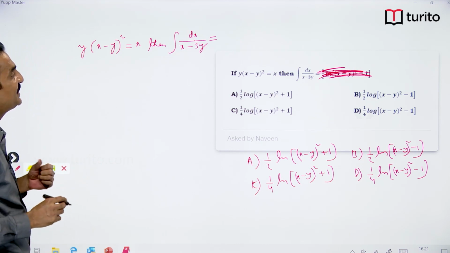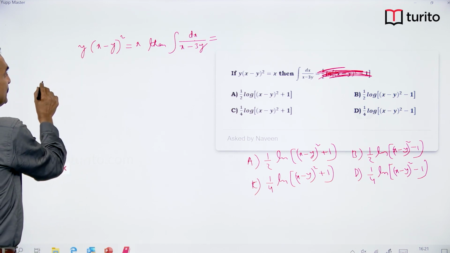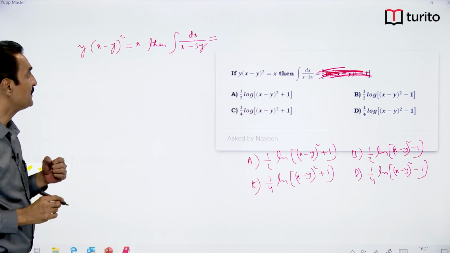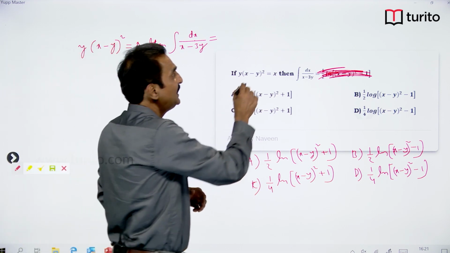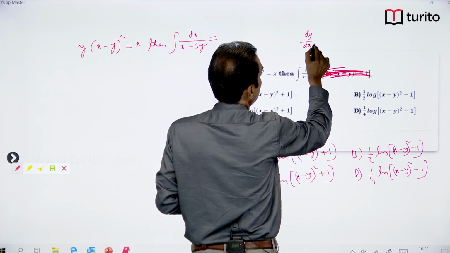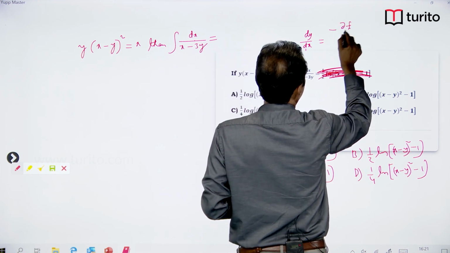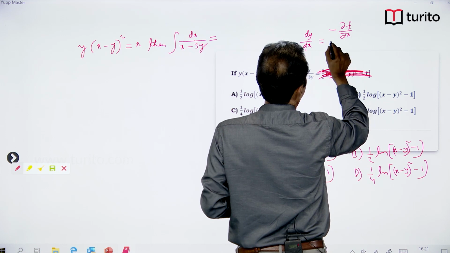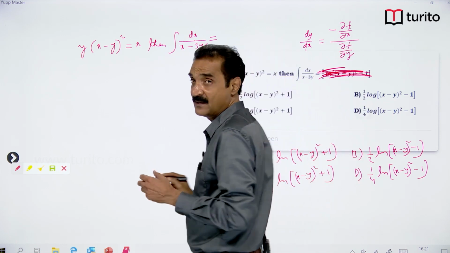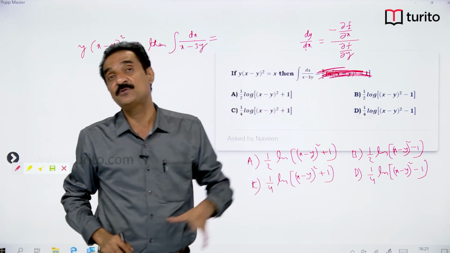If you differentiate this on both sides, how to differentiate? In differentiation you have a formula, dy by dx is equal to minus dou f by dou x by dou f by dou y, minus of partial derivative with respect to x by partial derivative with respect to y.